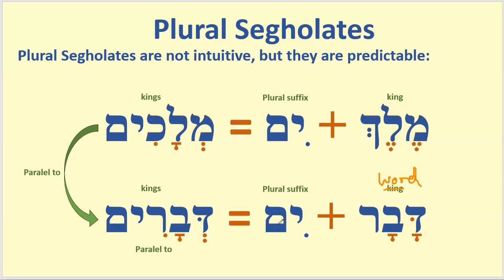You add the im, this guy is too far away from the stressed syllable and therefore reduces to a shva, and you get devarim. Now, of course, that's going to be the word words, plural. Devarim is likely the reason that segolates have the plural form that they do. It's not 100% guaranteed, but that's the going theory.